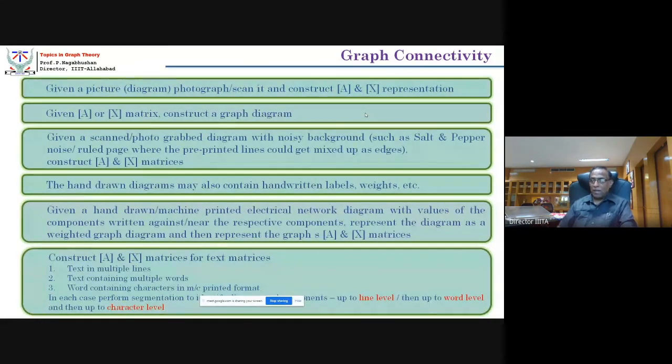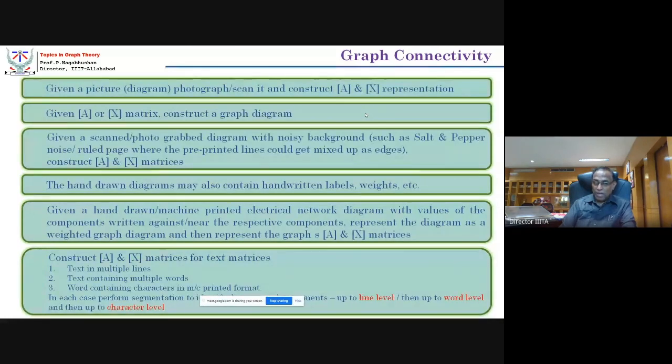Text in multiple lines. All right, the text is written in multiple lines. The text containing multiple words. A word containing characters in machine printed format. All right, the word can contain characters in machine printed format. So every character is a disconnected component. In a sentence, every word is a disconnected component.